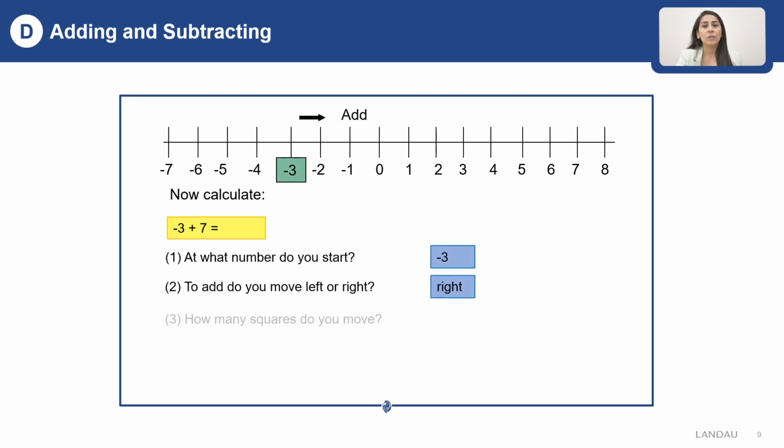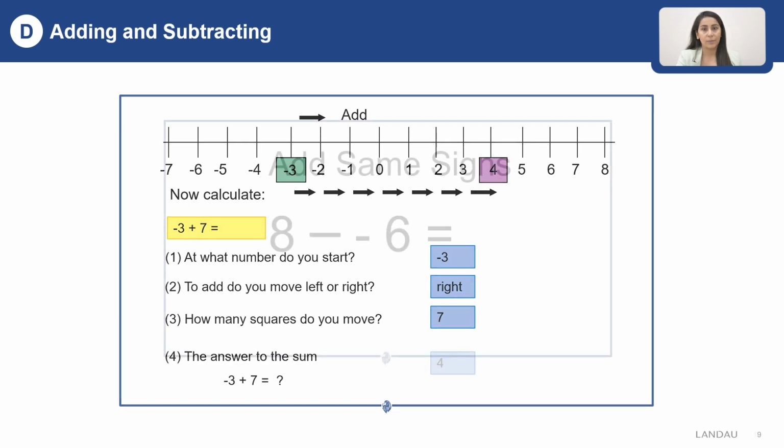Then, we need to decide how many steps do we need to move. Since we are adding 7, we are moving 7 steps. So, we start with -3 and move 7 steps to the right. The answer is going to be +4.